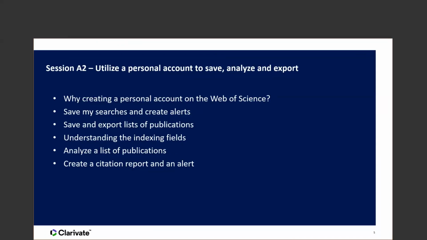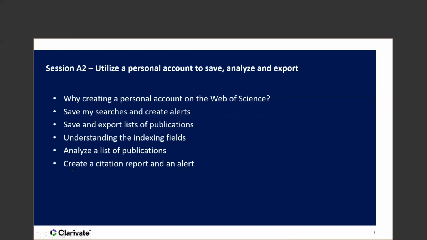You will need first to understand the indexation fields. So before analyzing, we're going to have a theory part about how things are indexed in the Web of Science. So we take advantage of analyzing those publications and go beyond.